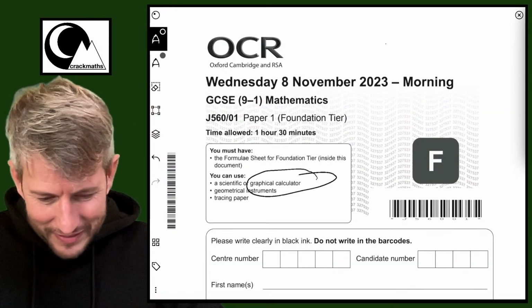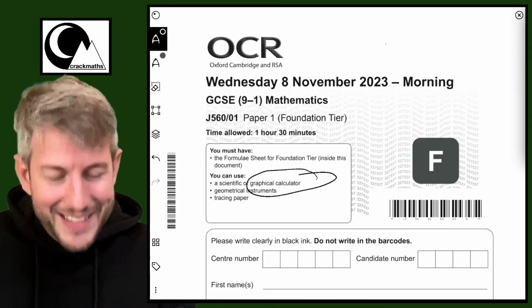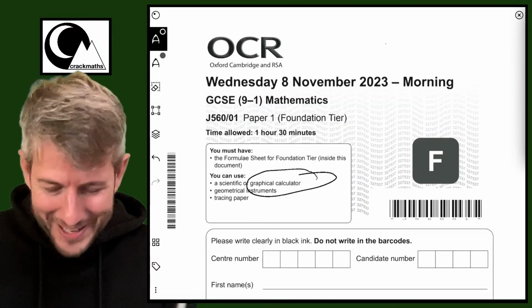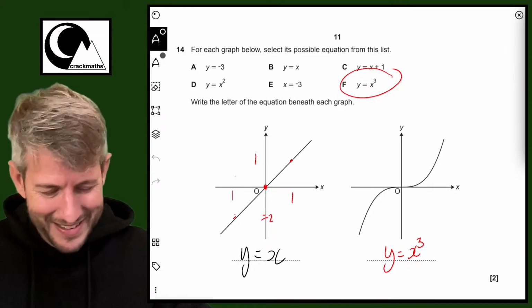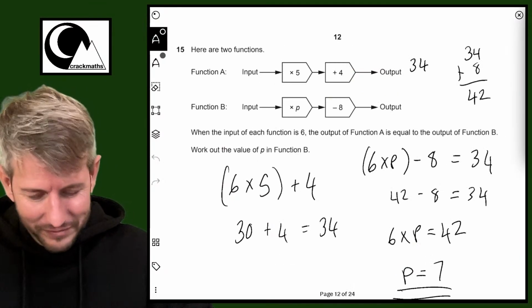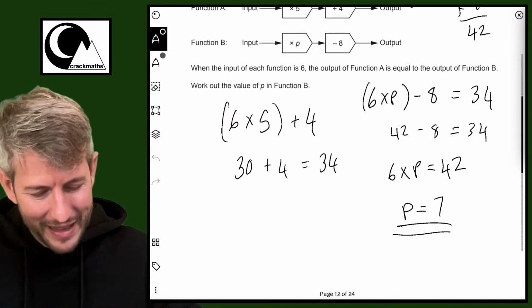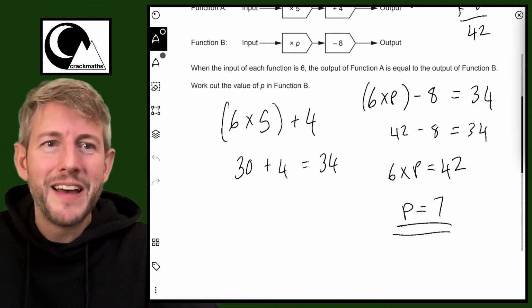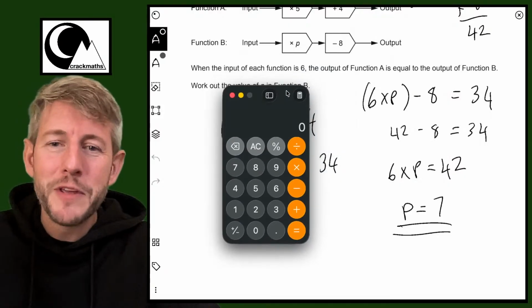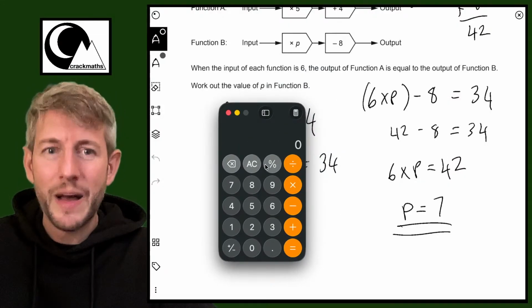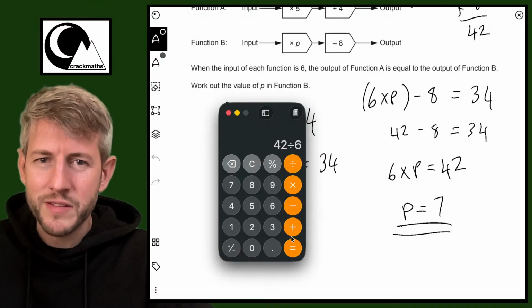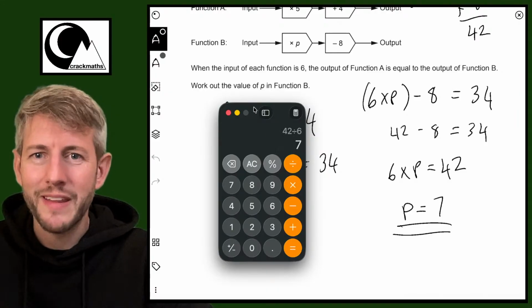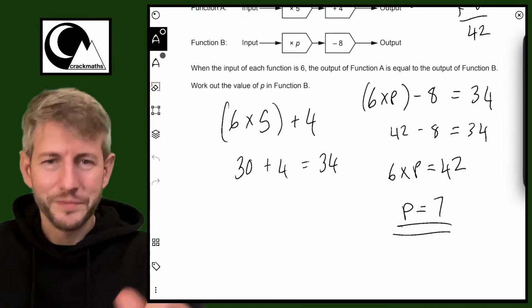So here we go. That's going to be really useful. I can see some of the questions that are coming up, and they would be pretty tricky without a calculator. So we've got that one there. If you had your calculator and you wanted to find out that it was 7, you could have done 42 divided by 6, like so, and that would give you 7.